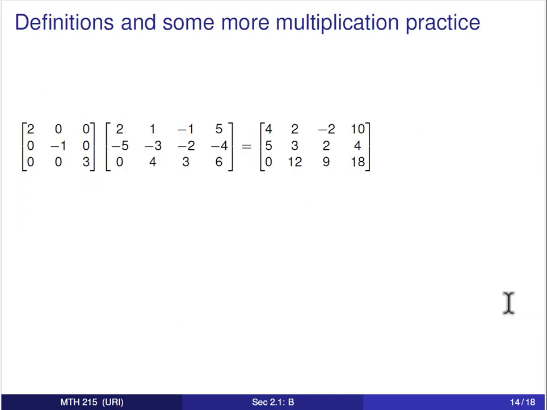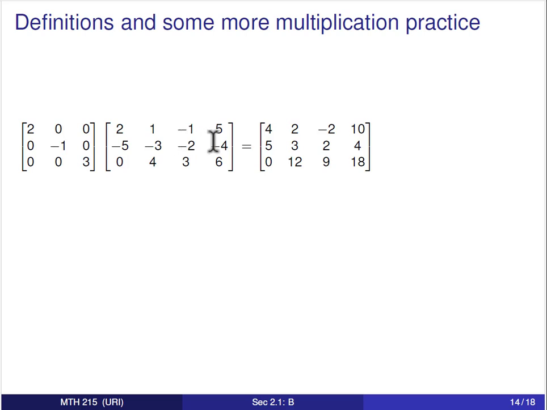Okay, well, here's that first computation. If we do the multiplication of 2, -1, 3, that diagonal matrix, onto the 3 by 4 matrix there, here's the answer you should get. And as you compare the entries on the left-hand side with the entries on the right-hand side, you might see some patterns there. The 0, 12, 9, 18 kind of looks like a scaled version of 0, 4, 3, 6, scaled by 3.